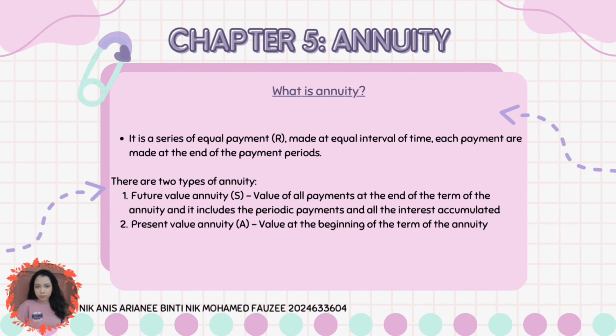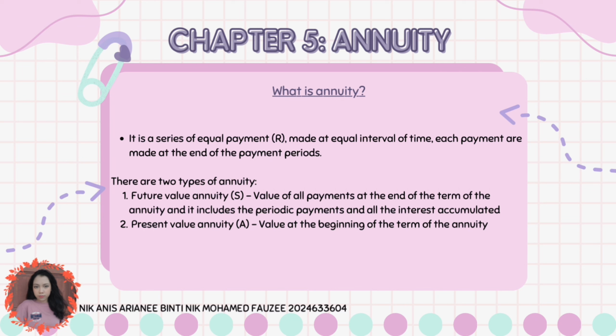What is an annuity? An annuity is a financial concept where equal payments are made at regular intervals over a period of time. These payments occur at the end of each payment period. There are two types of annuities to consider. First, future value annuity S. This is the total value of all payments made by the end of the term.